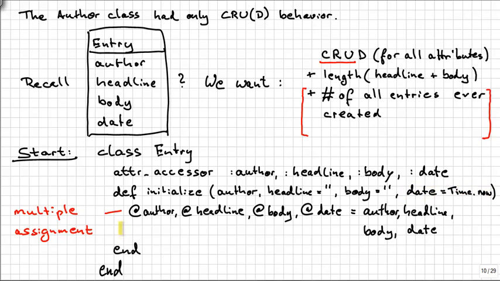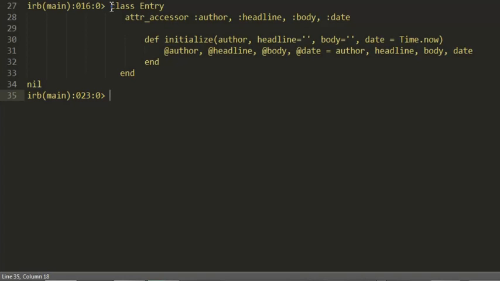On the next line, you see an example of multiple assignment where we take values author, headline, body, and date, and assign them simultaneously to the instance variables @author, @headline, @body, and @date. So in the IRB, I have defined the entry class as far as we've defined it so far.